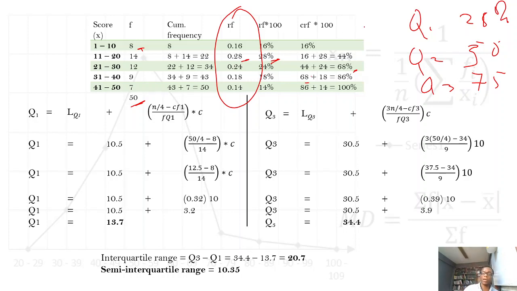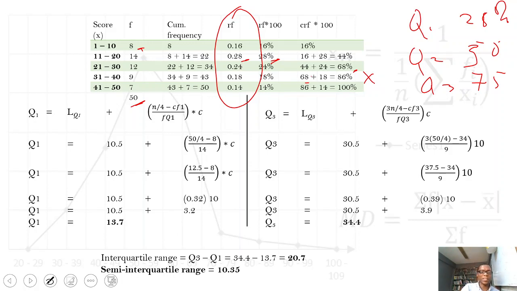So if we are talking about the Q3, we know that this class is our Q3 class, because the class before it accounts for up to 68% of the cases. So it accounts for up to the 68th percentile, but not the 75th percentile, which is what we are interested in.